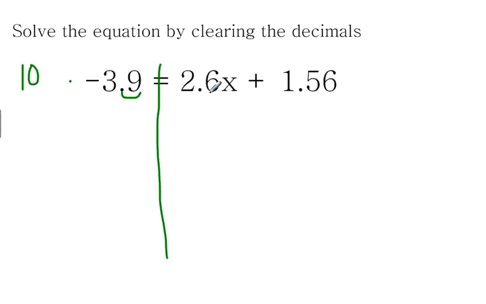I would need to move this one time to turn it from 2.6 into 26. That would be multiplying by 10. But on this one, I would need to move this decimal twice to turn that into 156, which means that I'm actually going to have to multiply both sides by 100. 100 will get rid of all of the decimals.